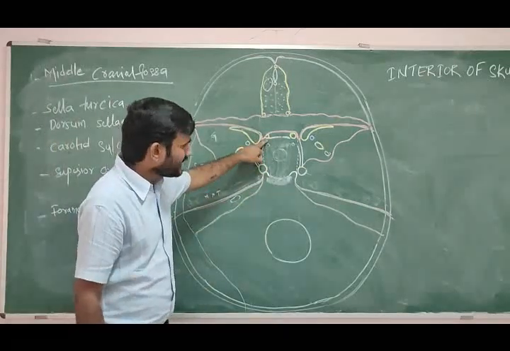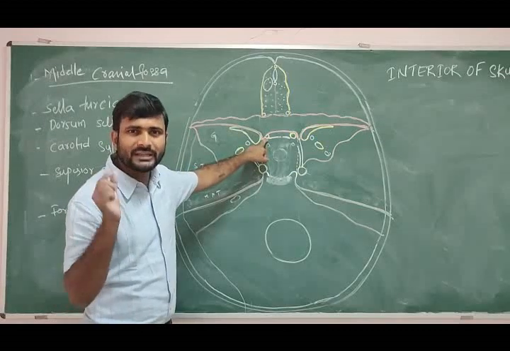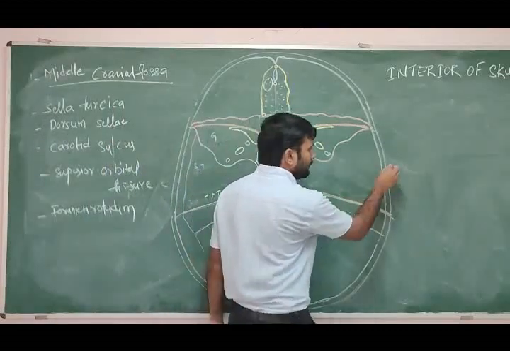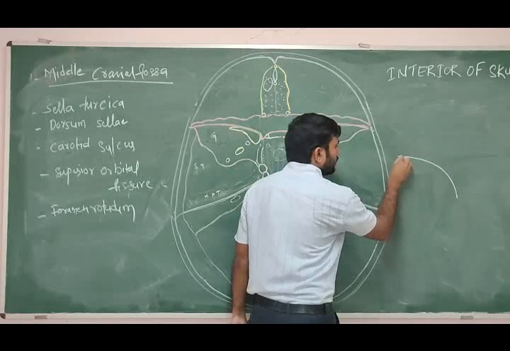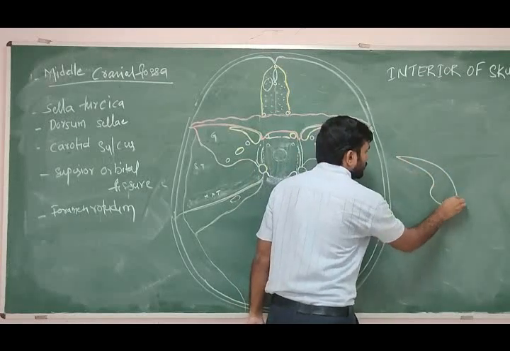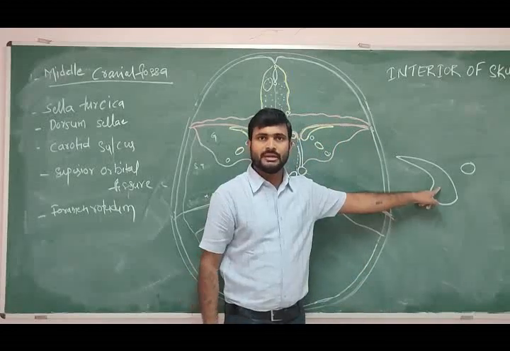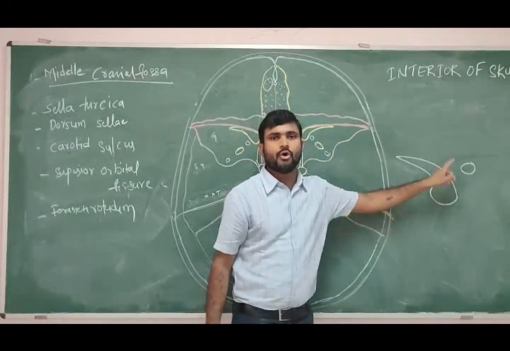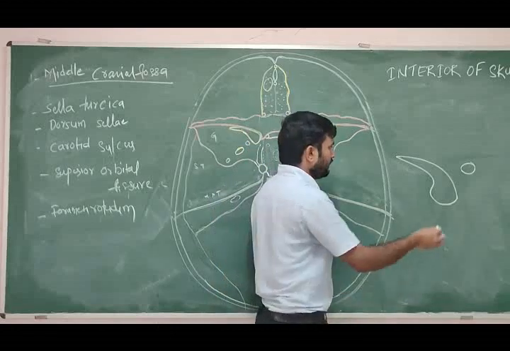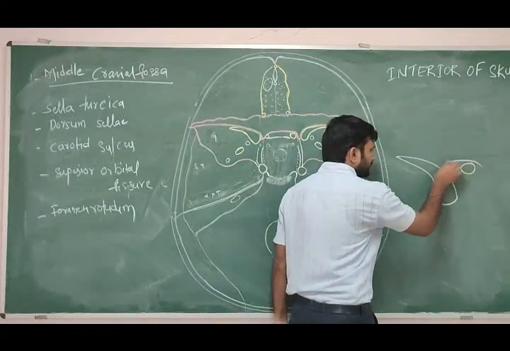And here one canal is there. That canal is called the optic canal. I am drawing it here, see. This is our superior orbital fissure, and this is the optic canal. And there is one common tendinous ring.